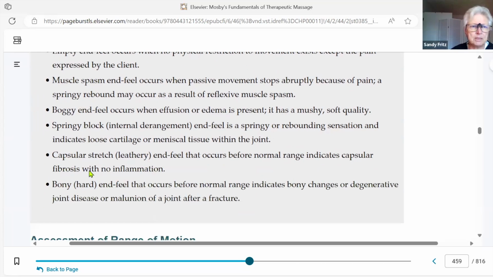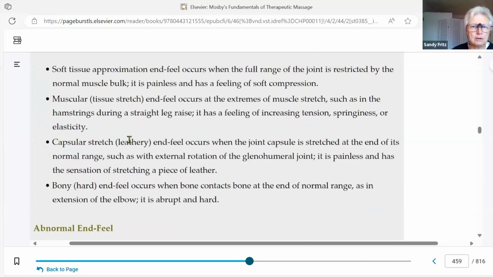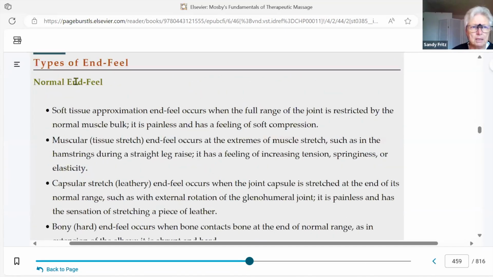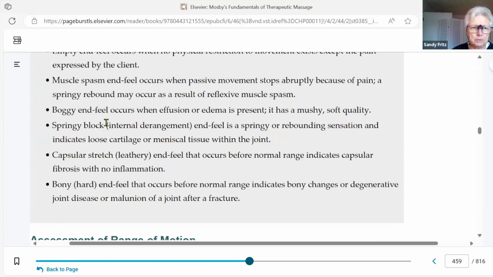So here are the abnormal end feels here. These end feels here would be considered normal. And then these are your abnormal.